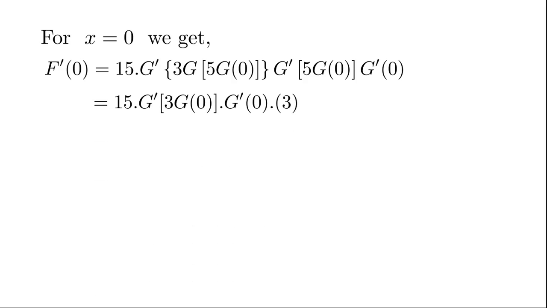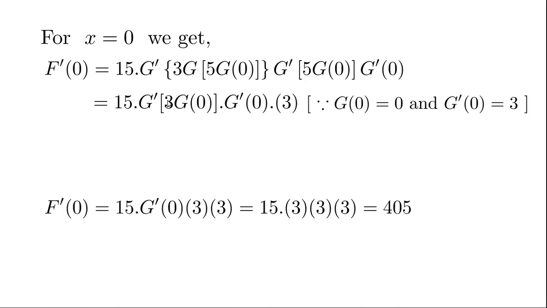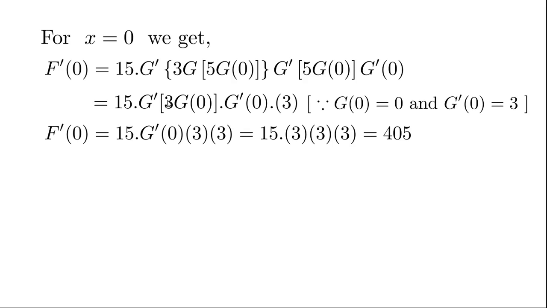Take the value of g dash of 0 from the given data, and g of 0 is 0, so 5 into 0 will be again 0 here, and here also 5 into 0 is 0. Therefore it becomes 3 times g of 0 and g dash of 0. Again here this becomes 0, and therefore what we get is 15 times g dash of 0 into 3, because g dash of 0 is 3, and therefore finally the result is f dash of 0 equals 15 into 3 into 3 into 3 equal to 405.